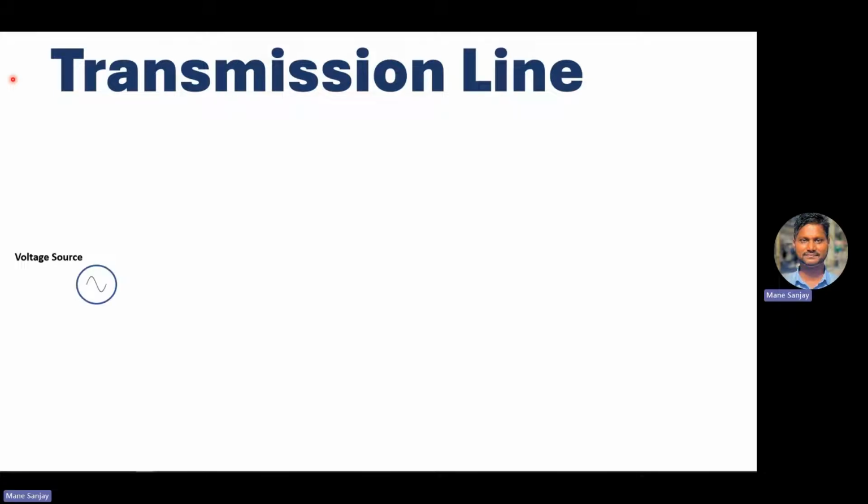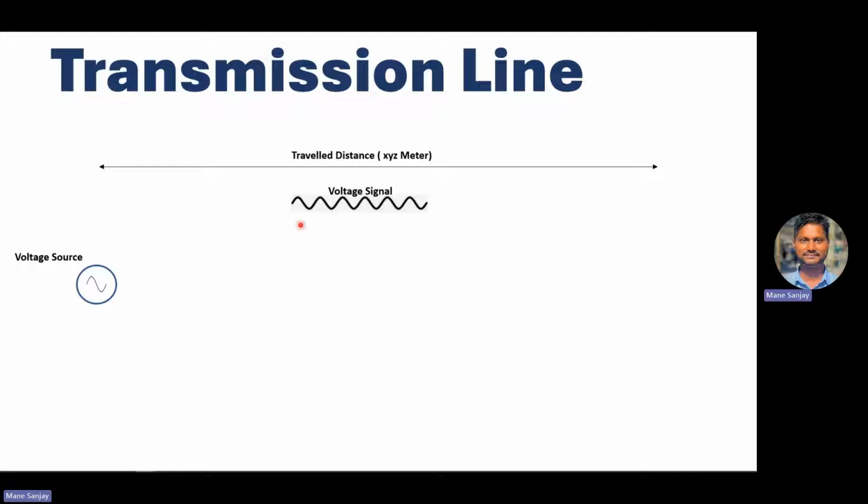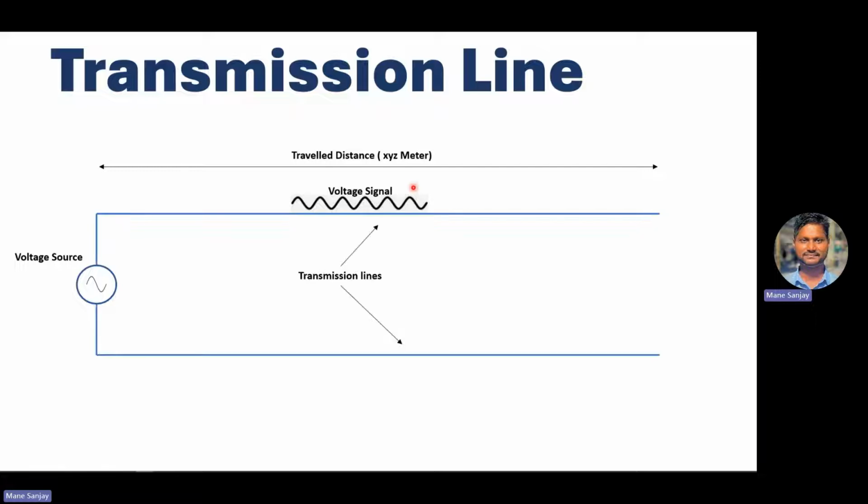Suppose you want to transmit some signal, from a voltage source, over some distance, some XYZ meters or kilometers, over your transmission line. Ideally, when we measure that signal at the other end of the transmission line, we expect whatever amplitude or power ratings are associated with the signal at the beginning of the transmission line, the same at the end.